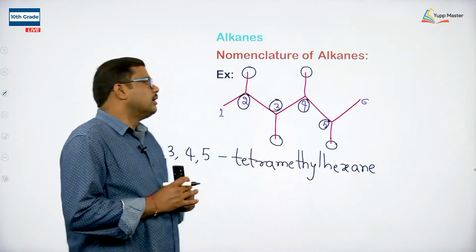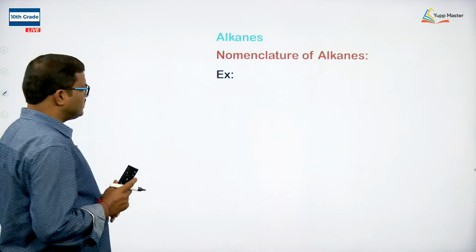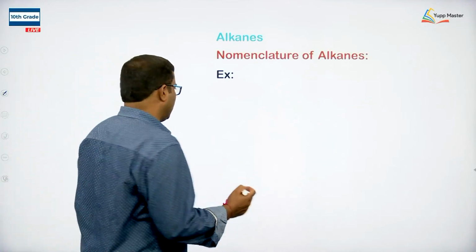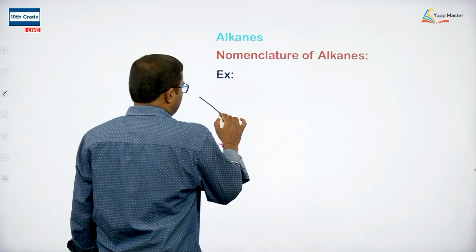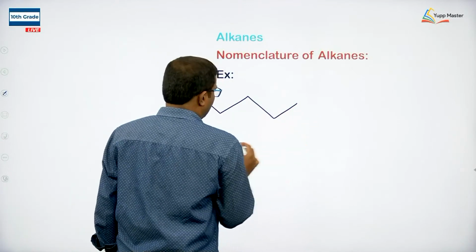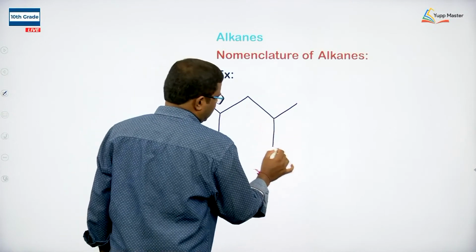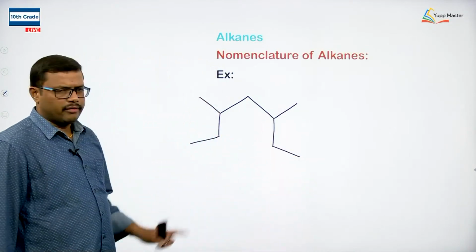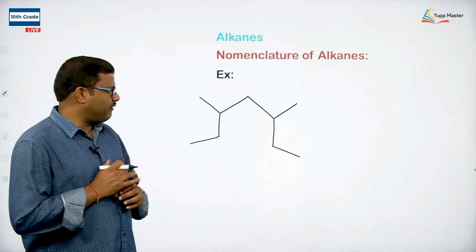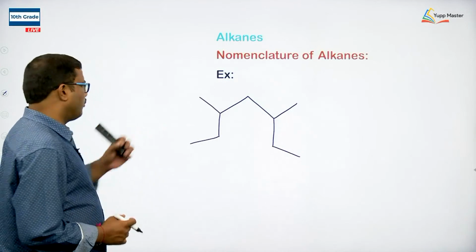Okay, right. Let me take one more example, as there are some instances where you may get confused about the selection of the longest carbon chain. Suppose they have given us a molecule like this, represented in zigzag fashion, and they are asking us to write the IUPAC name for this compound.